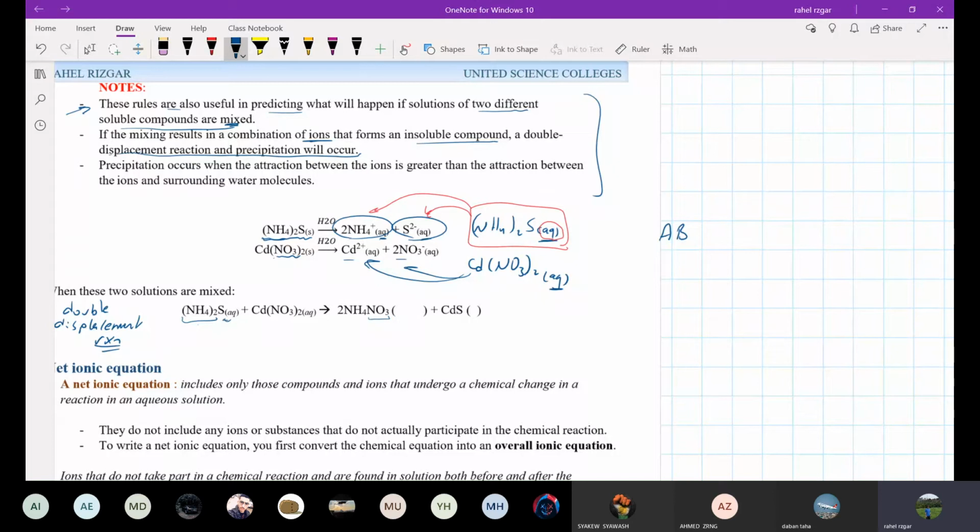I don't know if you remember, but I'm just going to explain it anyway. The ones on the left are cations, this is only for ionic compounds, and these are anions. When they react, they change places.